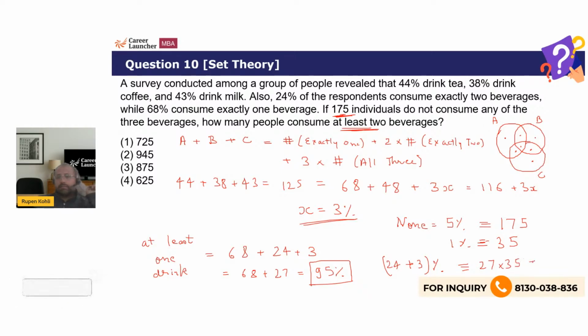That's my answer. So 27 into 3 is 81, so 810, plus 27 into 5, 135. 810 plus 135, 945. There goes your answer. Right. So making you aware that you can get Venn diagram questions also as a solo question, right?